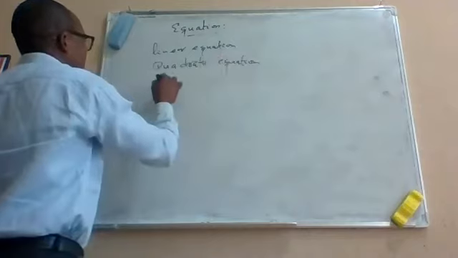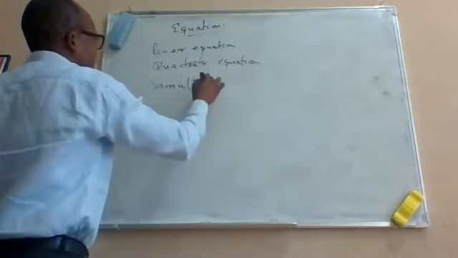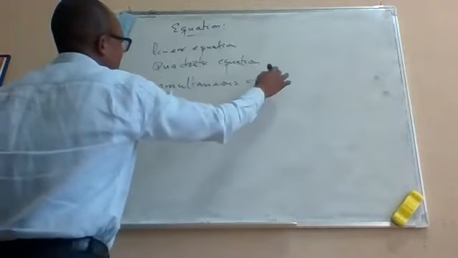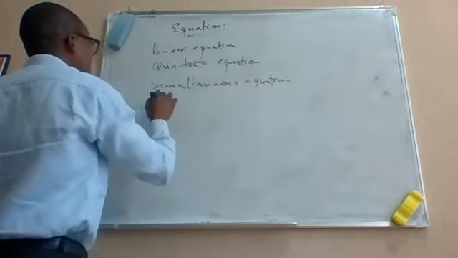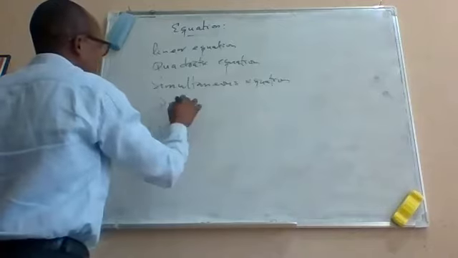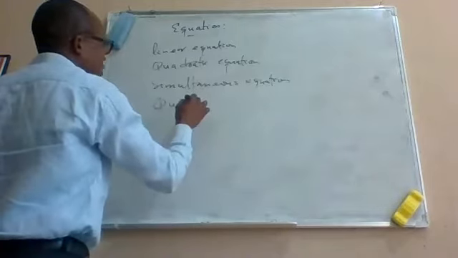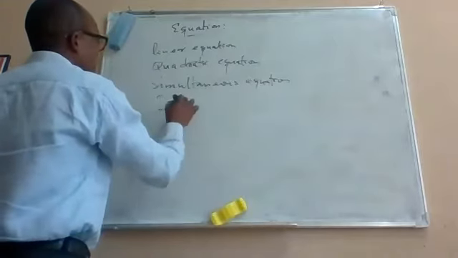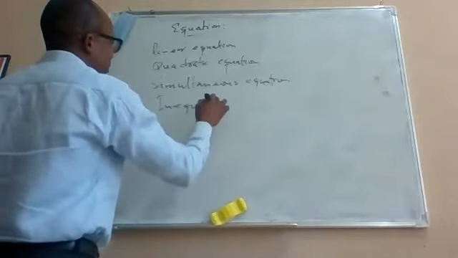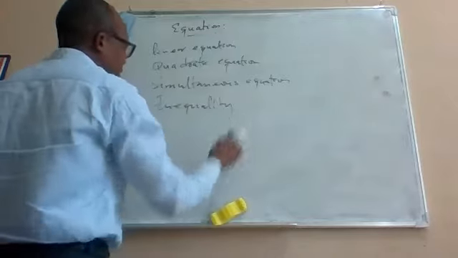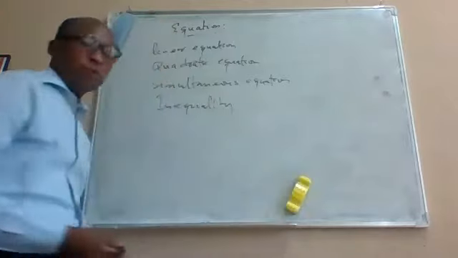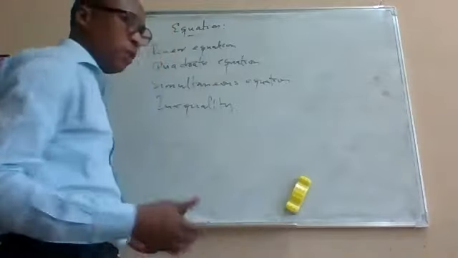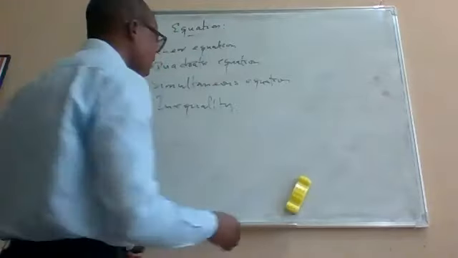We look at simultaneous equation, and we now look at quadratic inequality. We now look at inequality. So these are things we are going to check today. I'll be a bit fast so that we can catch up with the time.